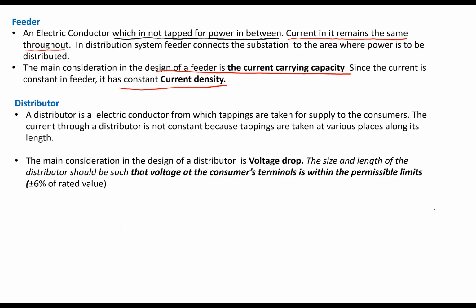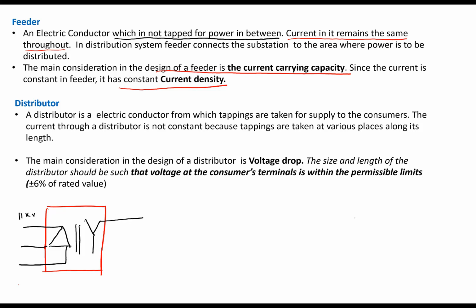So if you see a distribution transformer, the primary will be delta connected. It is the 11 kV feeder that is coming to your transformer, and the secondary is star connected.